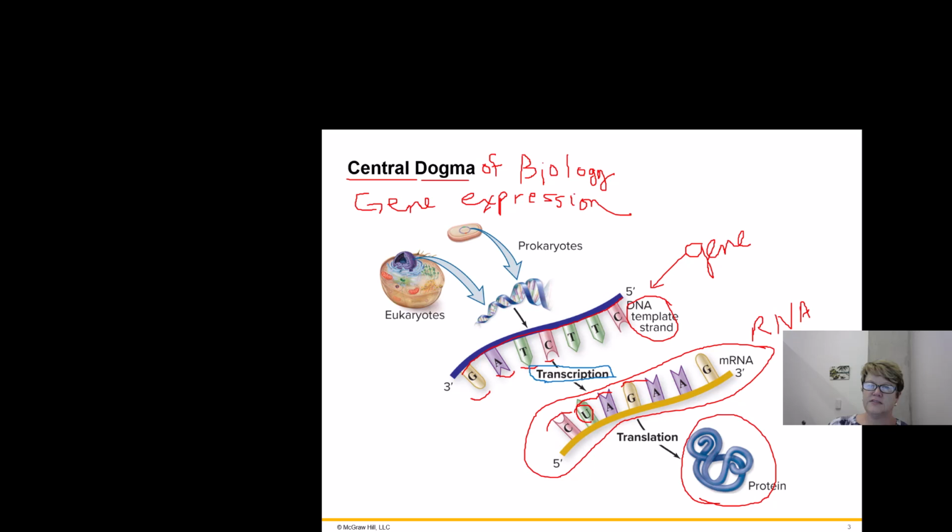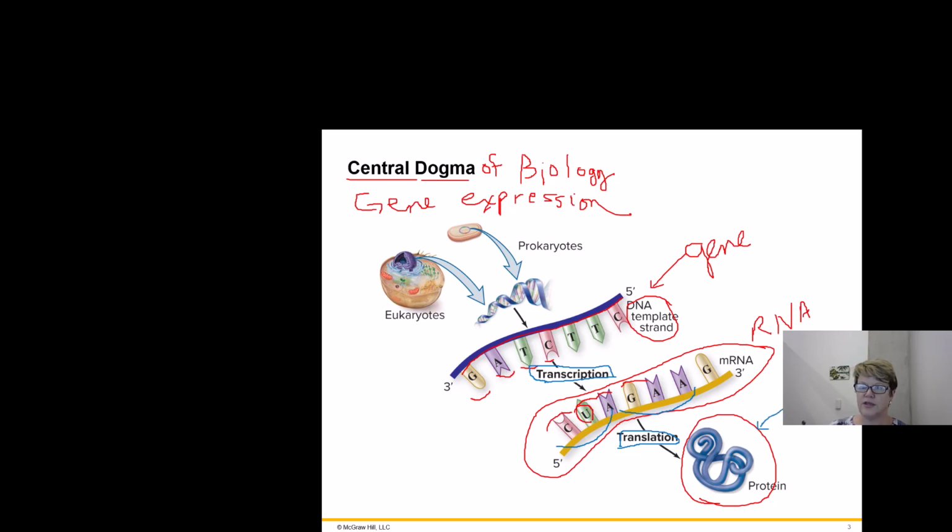And so we're making these little short RNA segments. The gene has information, and when we copy it into the RNA, the RNA contains a version of that information. That information is used to make a protein by a second process called translation. Translation looks at the information in the RNA and builds a particular kind of protein.